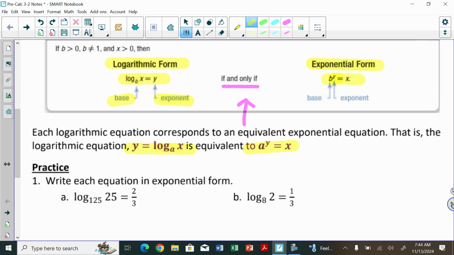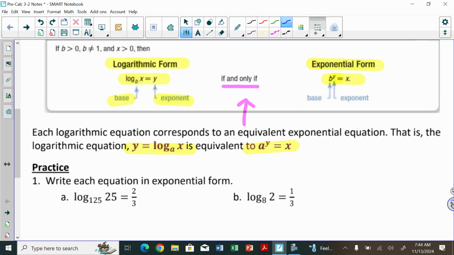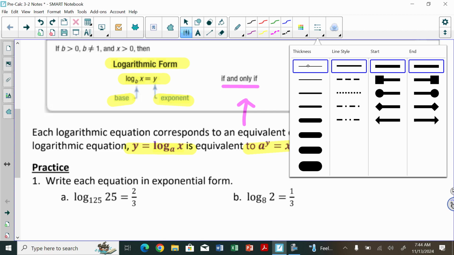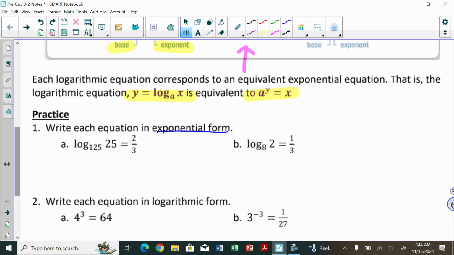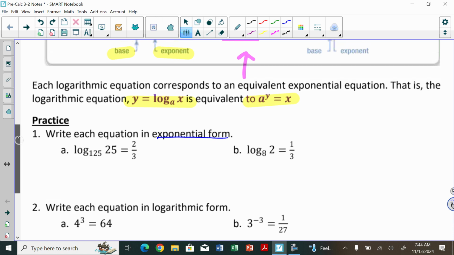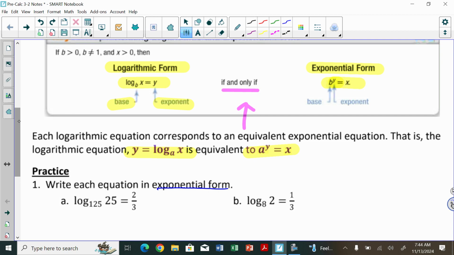Our first practice problems are just going to involve rewriting them from exponential form into logarithmic form and vice versa. If we're taking this in logarithmic form, we want to write it in exponential form. So we want to go from here to here.